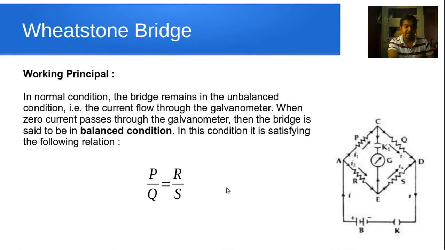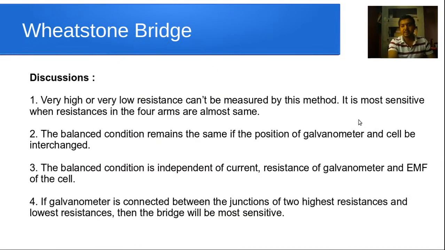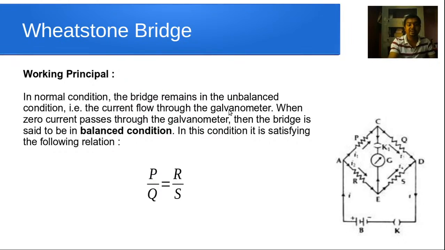But the bridge is most sensitive when the resistances P, Q, R, S in the four arms are almost the same.